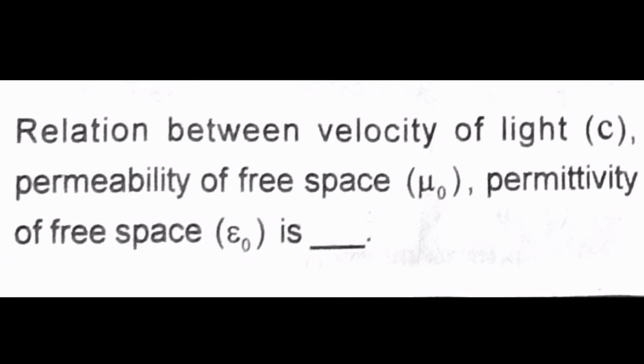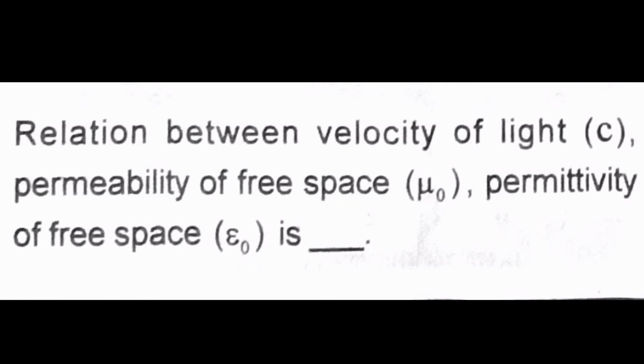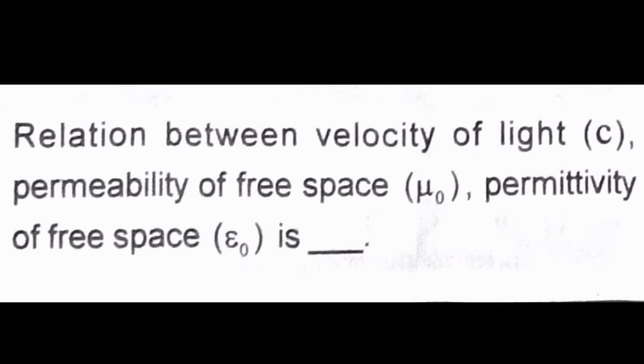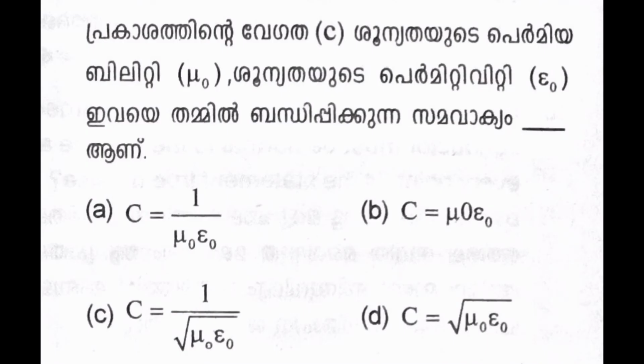Now question number 5. The relation between velocity of light c, permeability of free space mu 0 and permittivity of free space epsilon 0 is dash. The options are A. C equal to 1 by mu 0 epsilon 0, B. C equal to mu 0 epsilon 0, C. 1 by root of mu 0 epsilon 0, D. C equal to root of mu 0 epsilon 0.